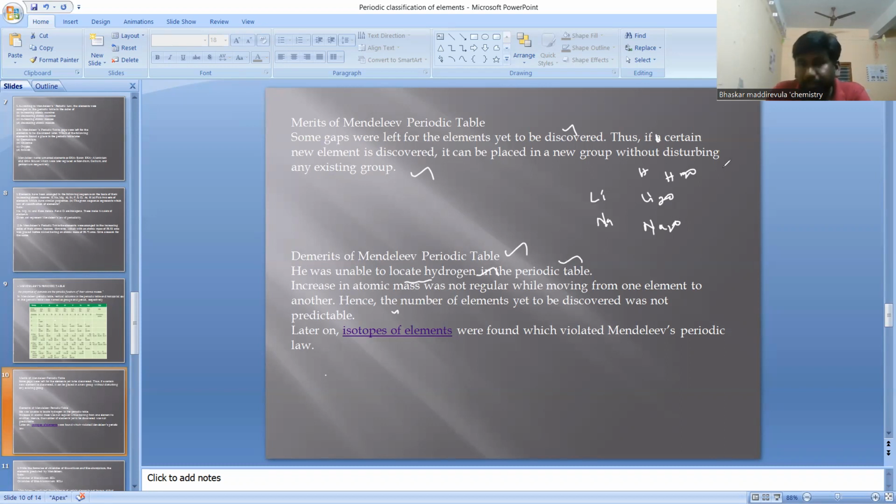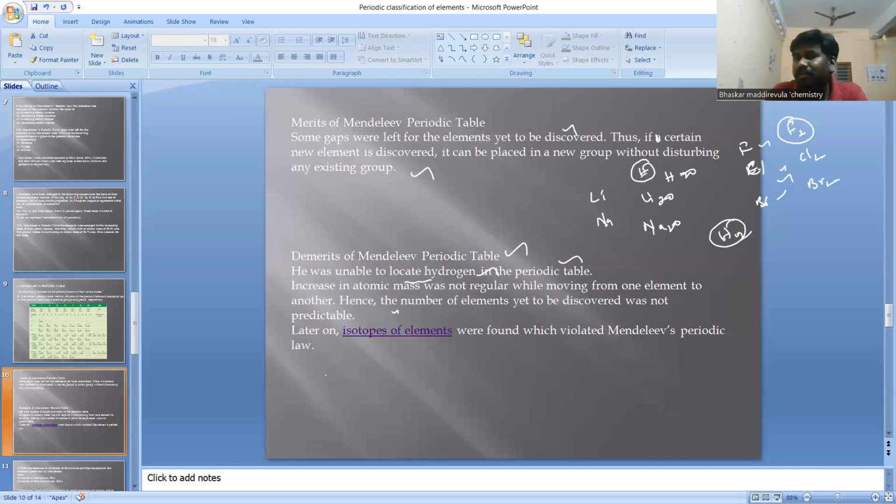It also shows properties like the halogen family, like fluorine, chlorine, bromine. Why? Because these elements exist in the form of dimeric molecules. Fluorine exists as F2, chlorine as Cl2, bromine as Br2. In the same way, hydrogen exists as H2. It possesses properties like the alkali metals and at the same time the halogens.